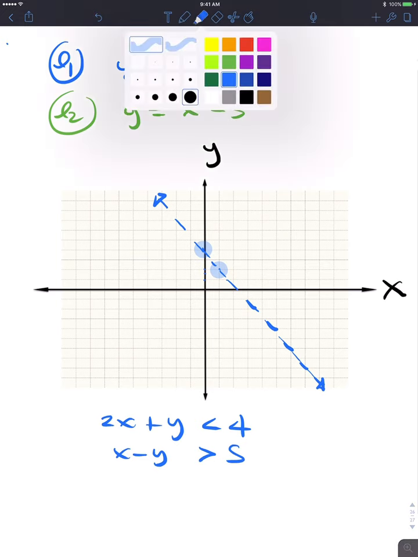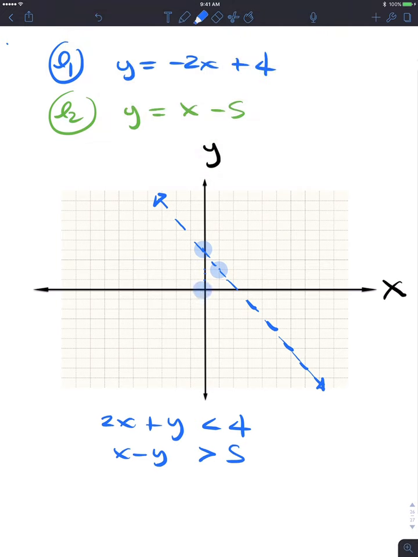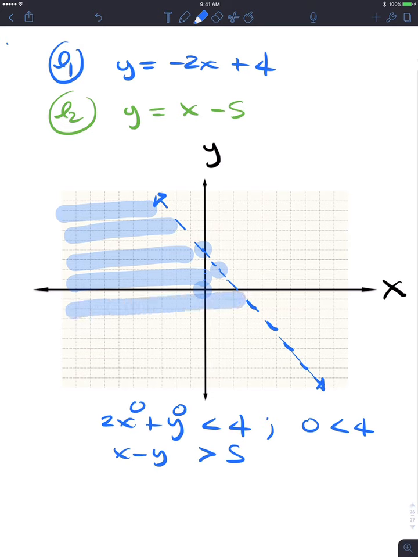Now, you may say why? Because it's available. It's right there. X is 0. Y is 0. If I do my arithmetic, I find 0 is smaller than 4. And that's a true statement. I get to shade the region that contains the test point, and that is the region to the left. Lower left, left, however you want to describe it, because this is our test point. This is what we get to shade with a dotted line.